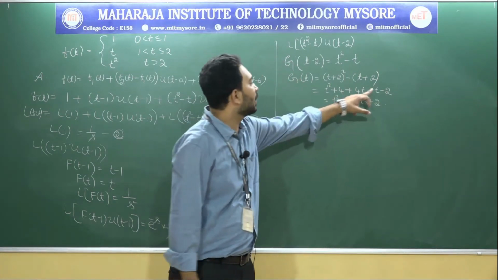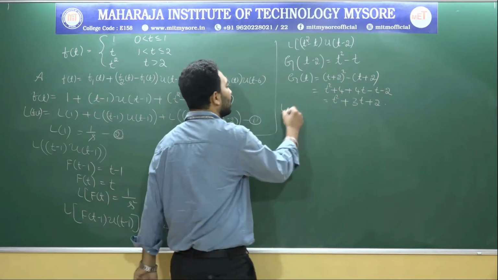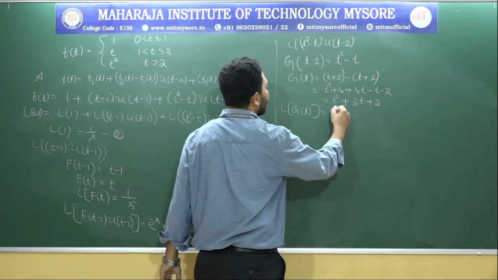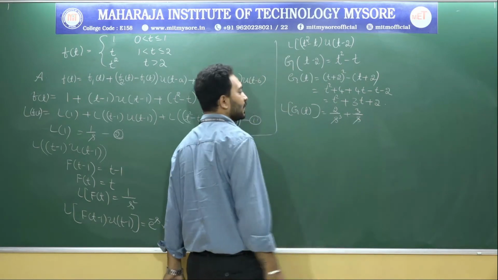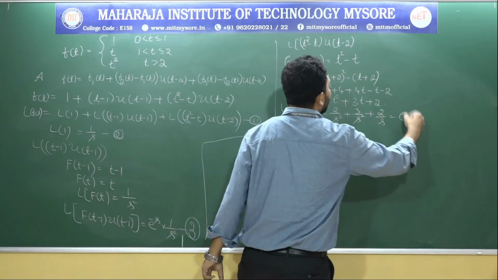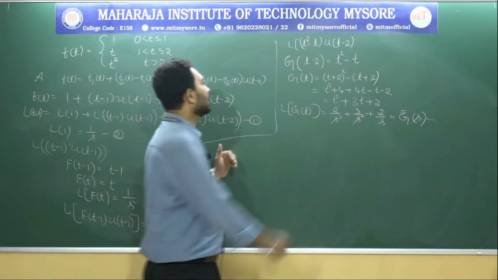Then Laplace of g(t) is Laplace of t square, 2 by s cube, plus Laplace of t, 1 by s square, with 3, plus Laplace of 2, which is 2 by s. So this is our g bar s.